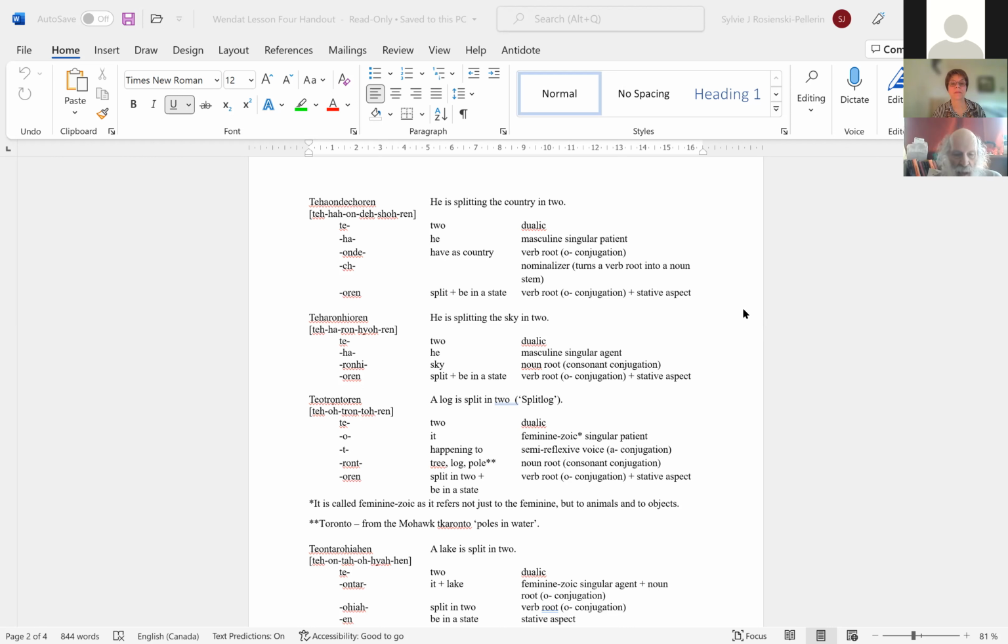Okay, then ore means to split. And with that verb, you always have the dualic. You can't not have it, because a split implies there's two. And again, the state aspect, no surprise.